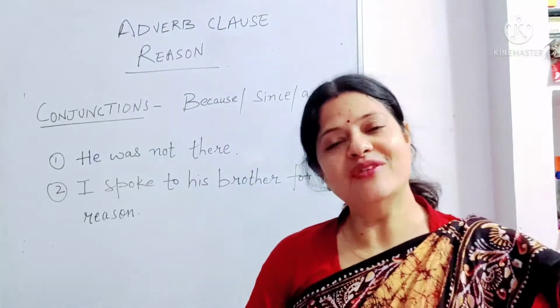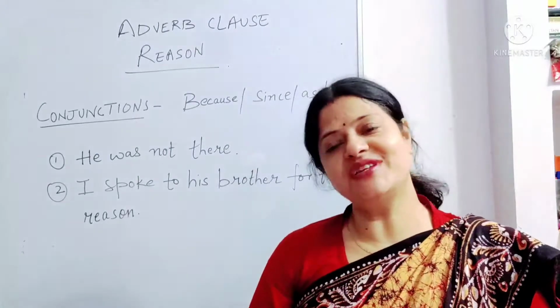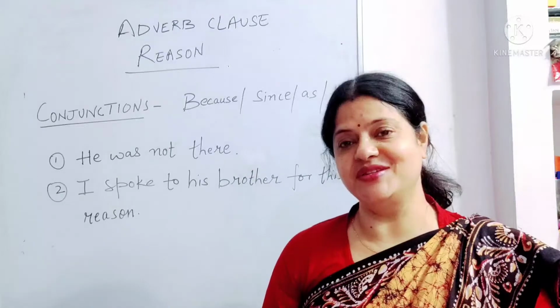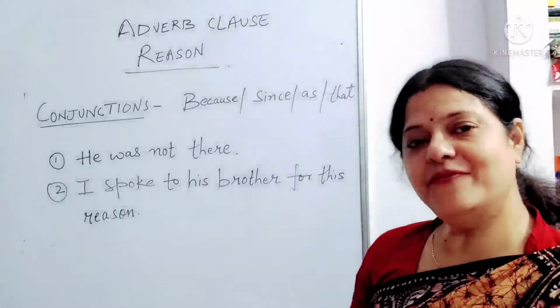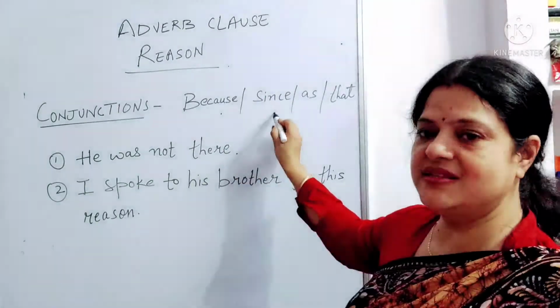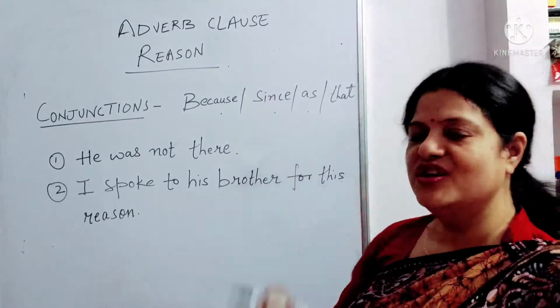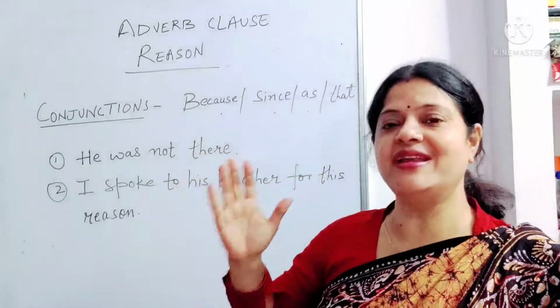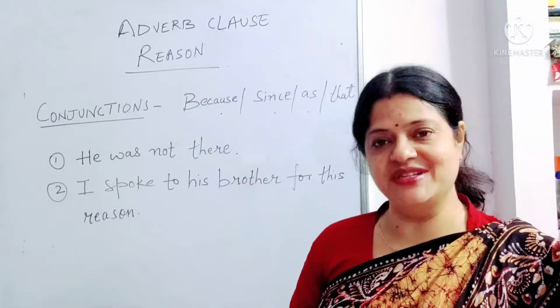Now we'll see what conjunctions are used in adverb clauses of reason. In adverb clause of reason we have because, since, as and that. These four conjunctions are very much used in adverb clause of reason.